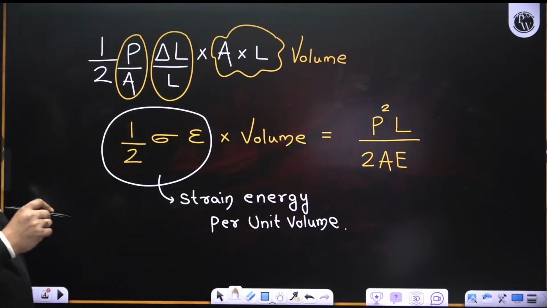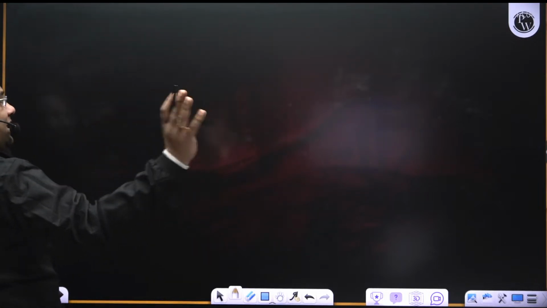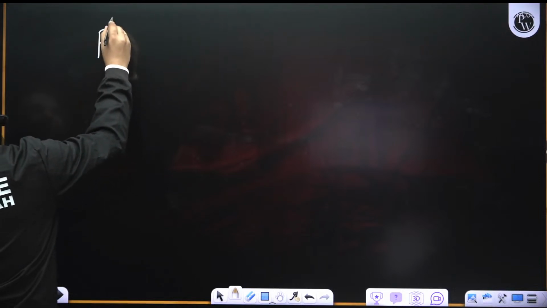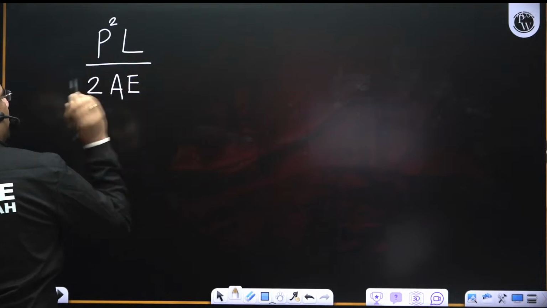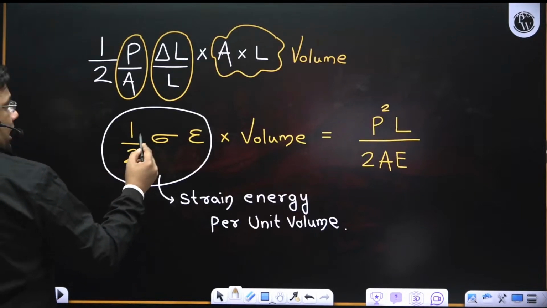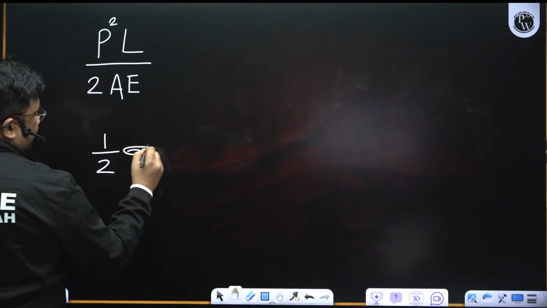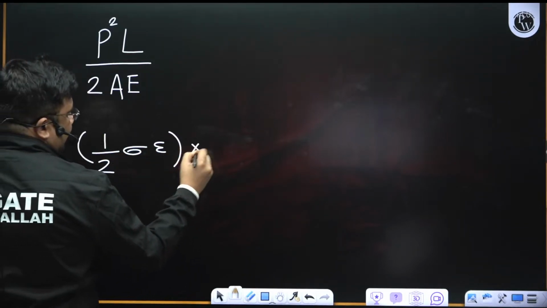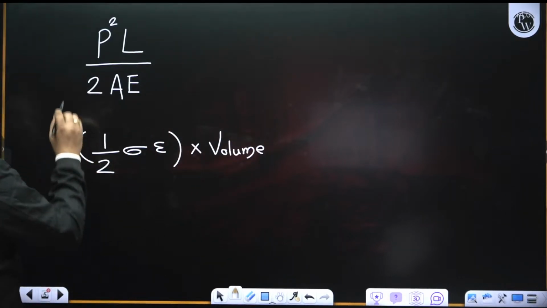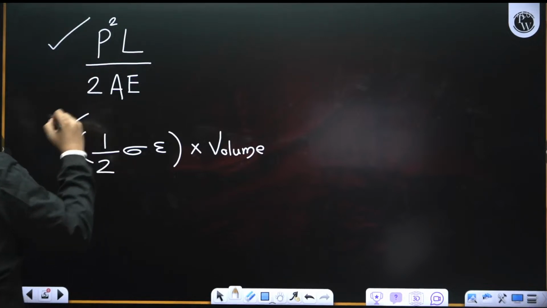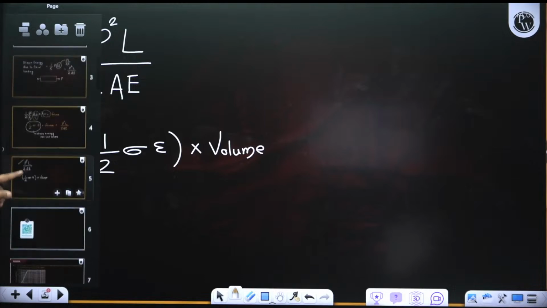So in the examination, if they're asking you total strain energy, you can directly use P square L by 2AE, or you can find half stress into strain, that is the strain energy per unit volume, and then multiply by the volume of that particular bar, and volume is area into length. So either I can use this formula or that formula to find the total strain energy.